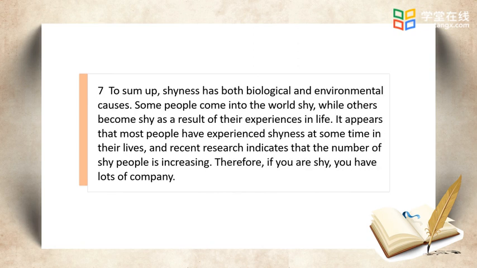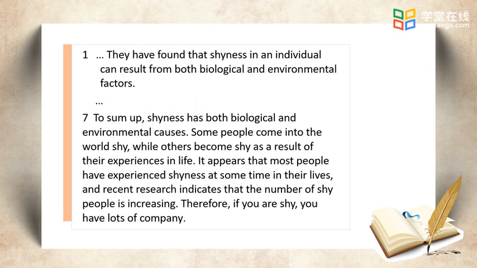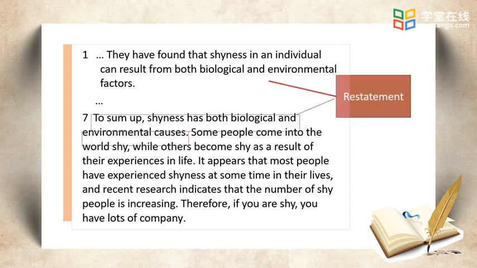We can find the answer to question 6 here. Let's read through this paragraph, one sentence after another. Sentence 1. It sounds familiar, doesn't it? Where have we read it? Let's go back to paragraph 1. Look at the last sentence in paragraph 1, which is also the thesis statement.